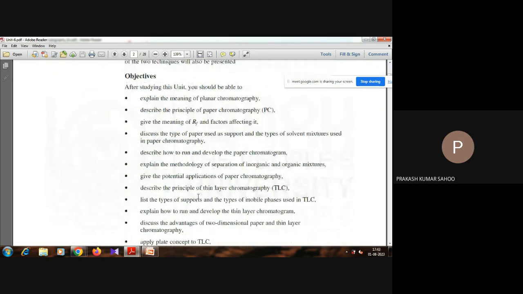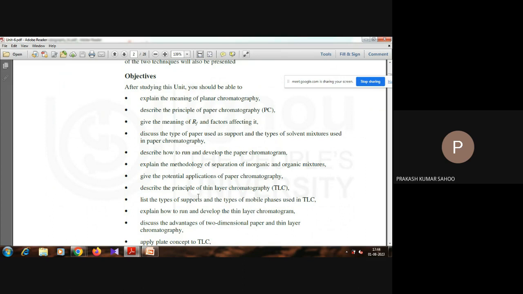What are the objectives in this unit? By going through this unit, we will explain the meaning of planar chromatography and describe the principle of paper chromatography.